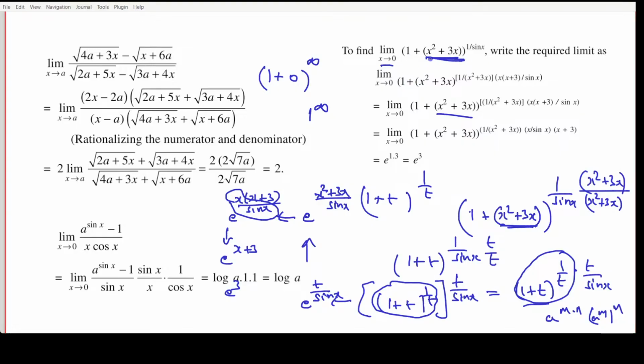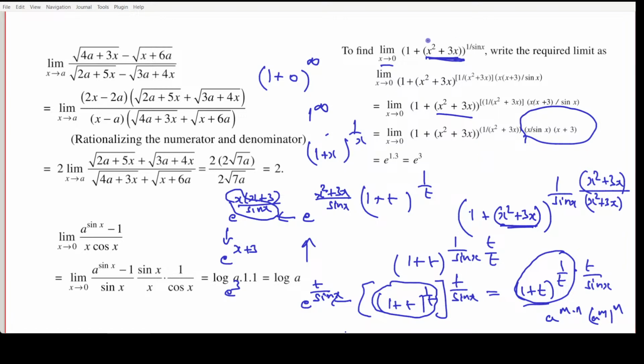See, this part is tending to 0 and 1 plus 0 whole power 1 by 0 is infinity, so we sensed the 1 power infinity form. We used our knowledge that (1 plus x) whole power 1 by x is equal to e. That's why we converted all this to e power this thing. Understood now? Yes, sir. Okay, very good.